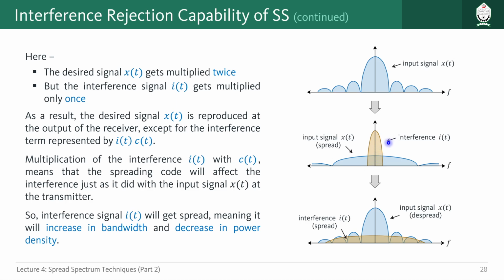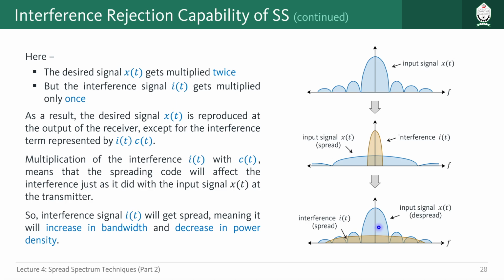The orange curve is the interference, and at the receiver the combined signal will get multiplied with our spreading sequence again. As a result, our input signal x of t will get despread, so we are going to get back our original bandwidth.